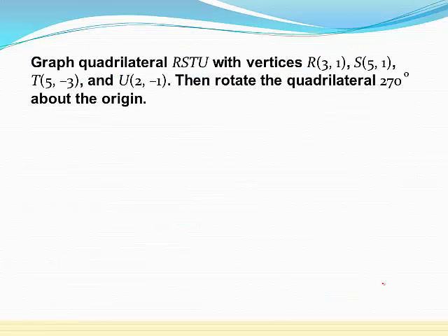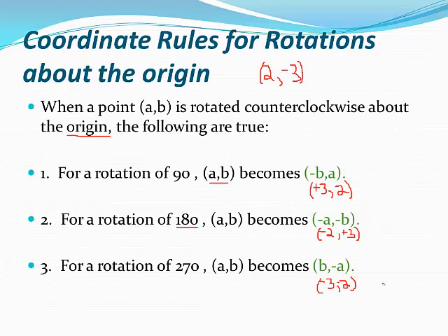Okay, so we have: graph the quadrilateral RSTU with vertices R (3, 1), S (5, 1), T (5, -3), and U (2, -1). Then rotate the quadrilateral 270 degrees about the origin. This is just applying the rules. You look back, 270 degrees about the origin is this one right here. You're going to switch it and take the opposite of the second one.